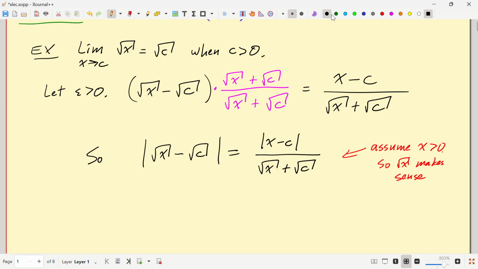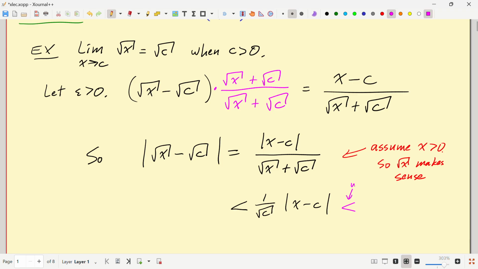That's going to be less than, I'm adding a square root of x in the bottom. I don't like that, because then I have to think about the square root of x. But I'm adding it in the denominator. So this is actually less than 1 over just the square root of c part times x minus c. And here's where I realize I'm getting somewhere. I can easily make this less than epsilon.